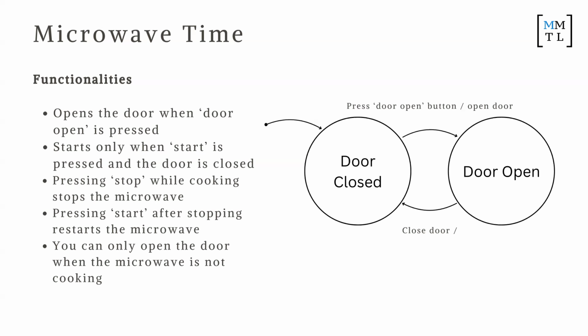Yeah, press stop. I think you want to write door closed here, DC, and NC for not cooking, basically.